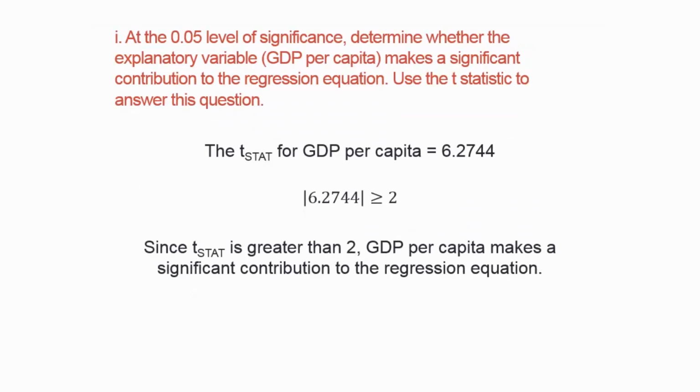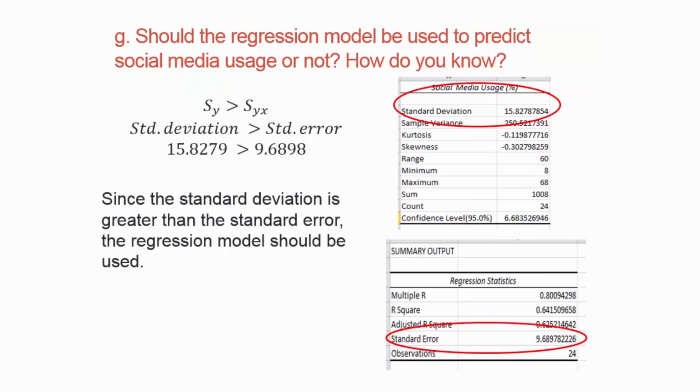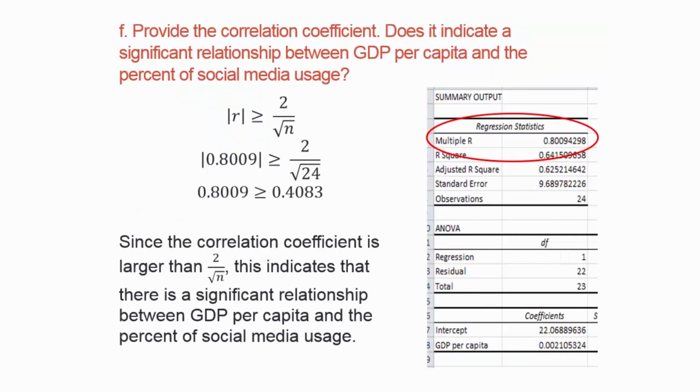At the 0.05 level of significance, determine whether the explanatory variable, GDP per capita, makes a significant contribution to the regression equation. Here, I'm going to use the t statistic to answer the question. Let's go back to the printout so I can see where that came from.